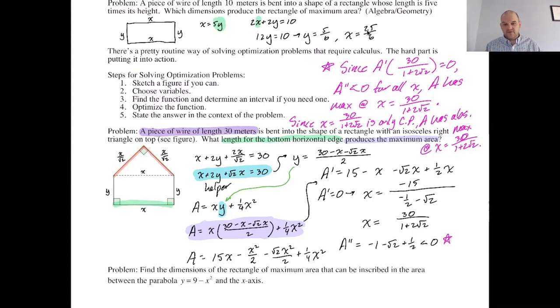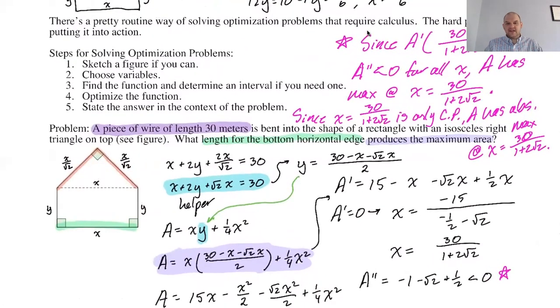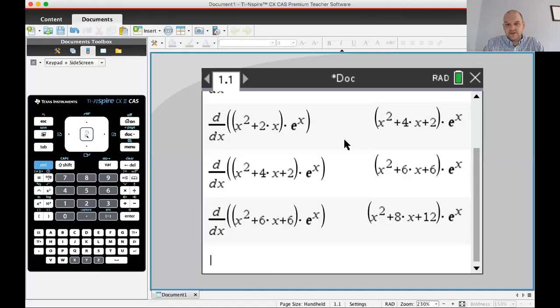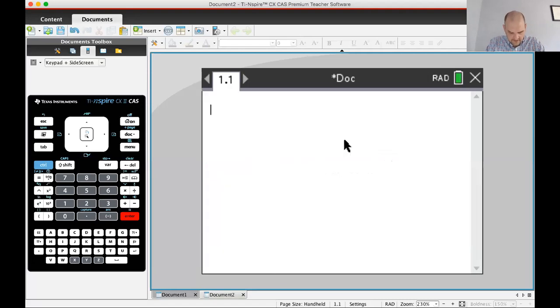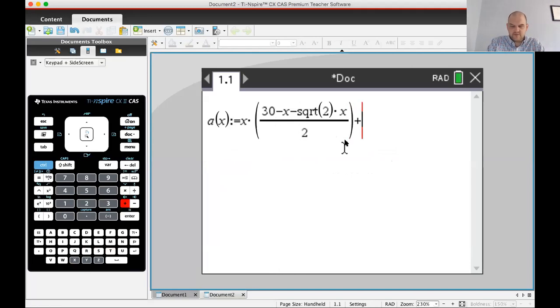What I want to do, because this was very messy, is go back and redo this with a calculator and just see if we got it right, basically. So let's see. I'm going to start a new document here. Okay, so we had area as a function of x, we said was x times parentheses 30 minus x minus square root of 2 times x over 2, I think, and then plus 1/4 x squared.